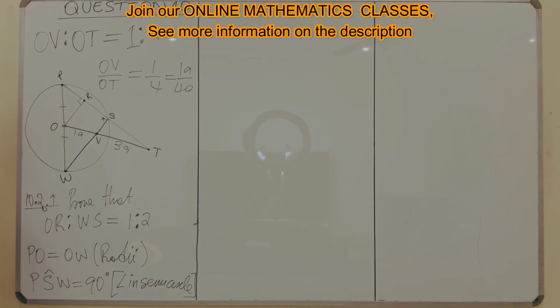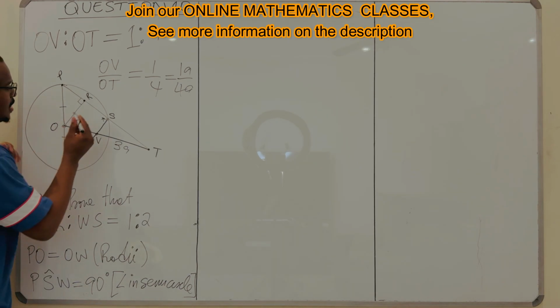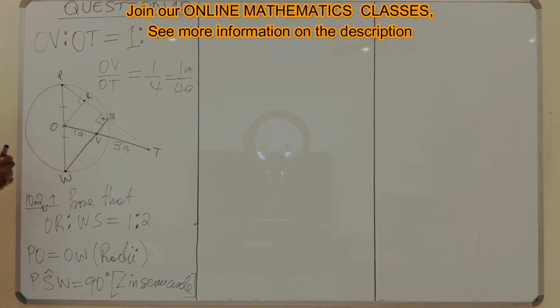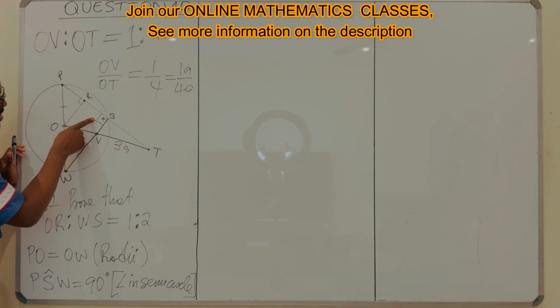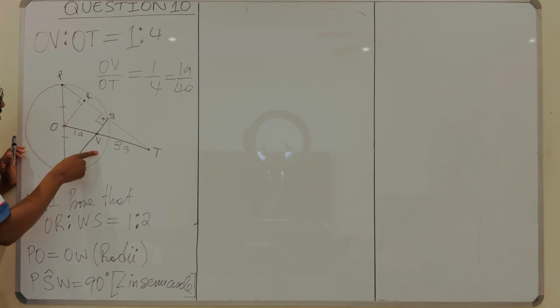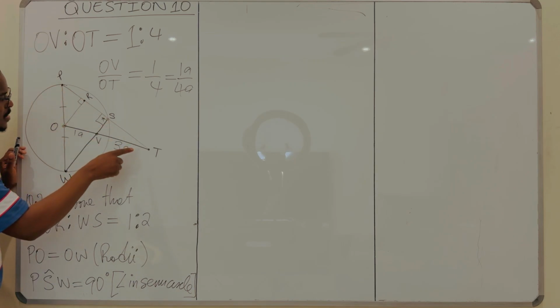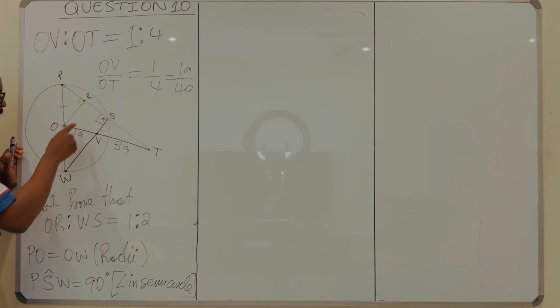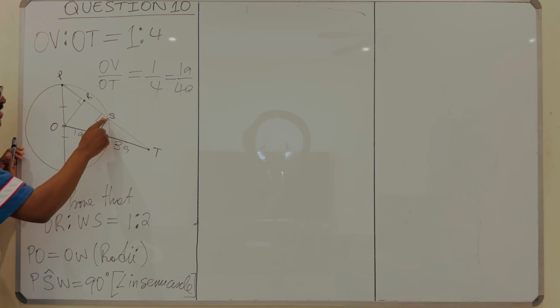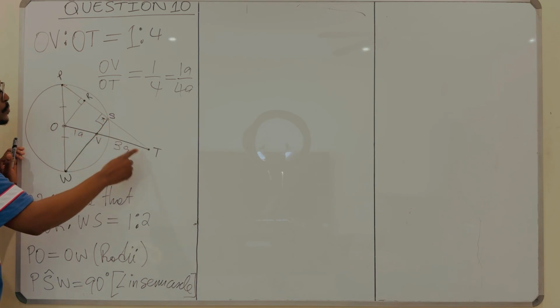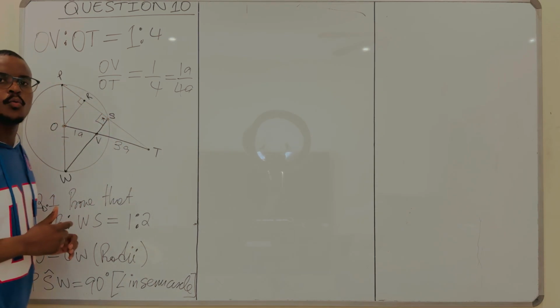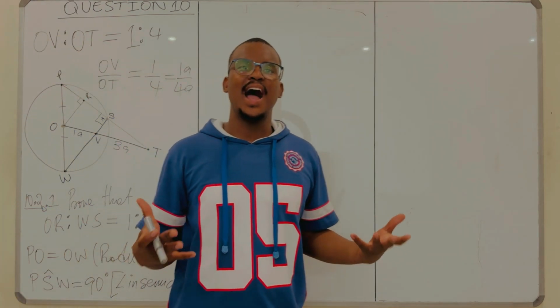So now we know this angle over here is a right angle. Look now, we have corresponding angles, the angle R and this angle S here, right? We have two lines, this line OR and WS, intersecting the same line PT at the same angle. What does that mean? It means those two are parallel.